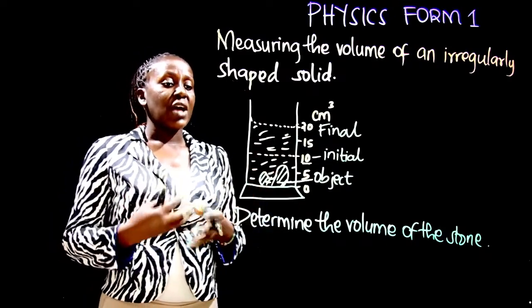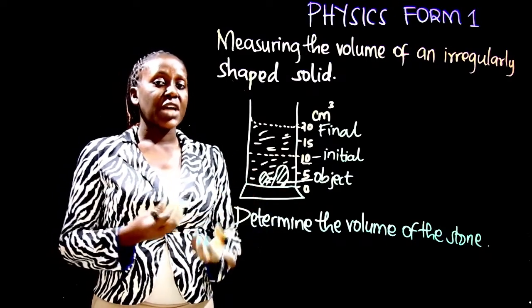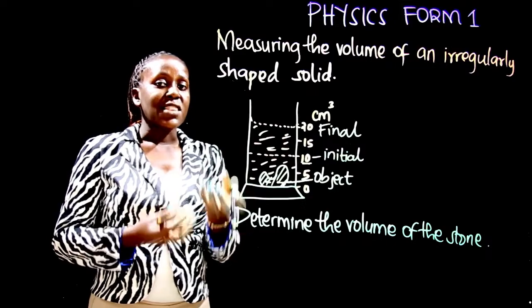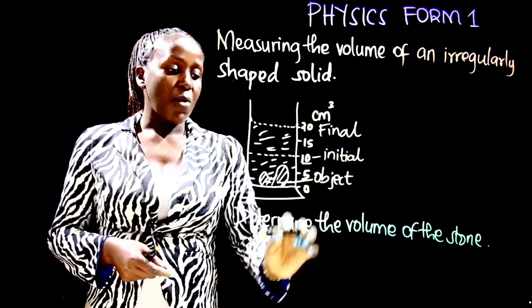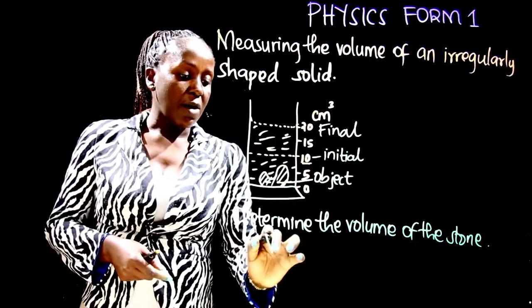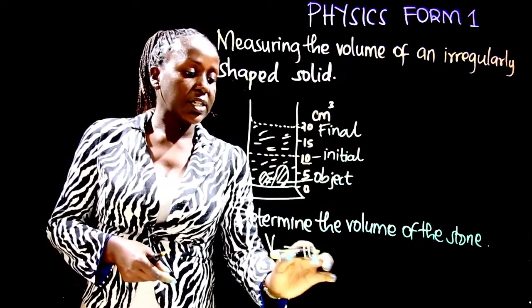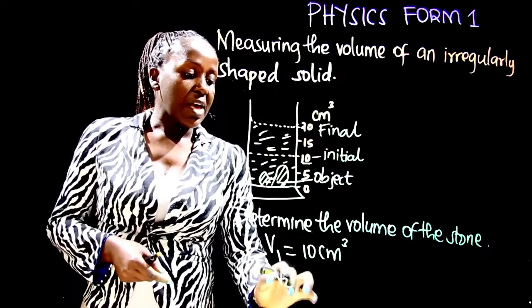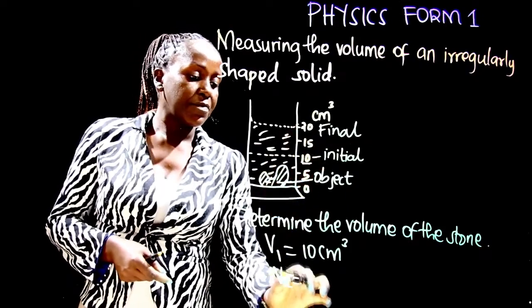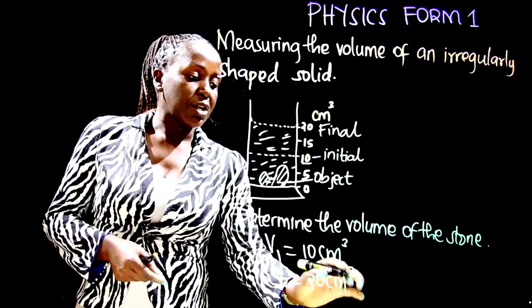Remember what we have said, that we just need to get the change in the volume. The initial level of water can act as our V1. Our V1 was 10 centimeters cubed, and our V2 is 20 centimeters cubed.